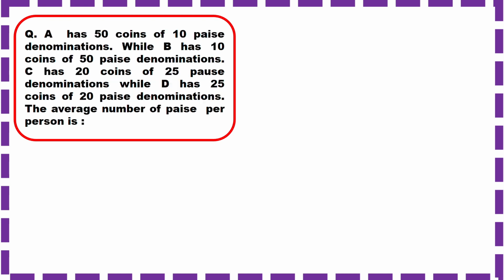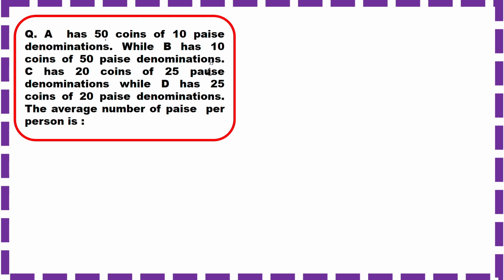A has 50 coins of 10 pies denominations, while B has 10 coins of 50 pies denominations. C has 20 coins of 25 pies denominations, while D has 25 coins of 20 pies denominations. The average number of pies per person is?